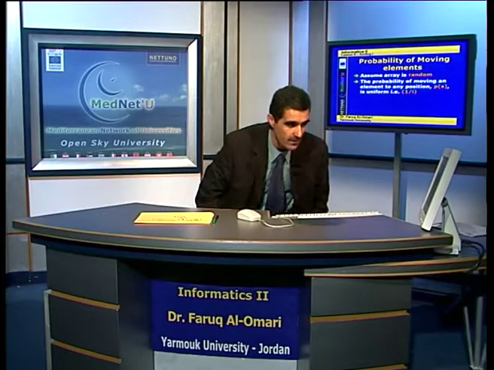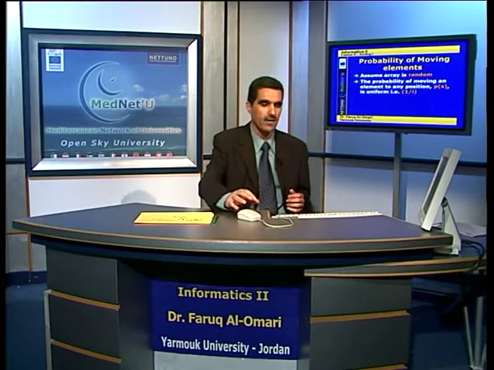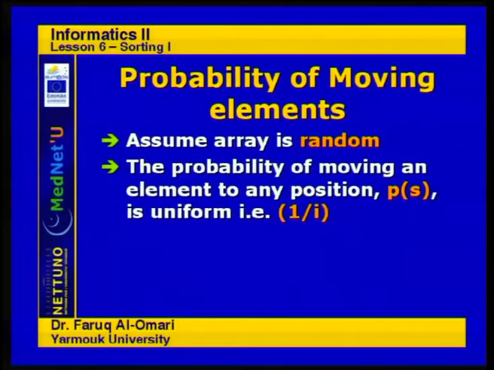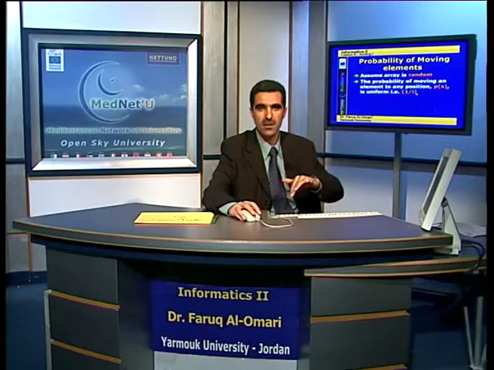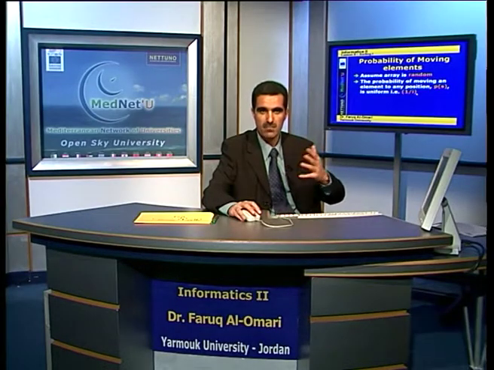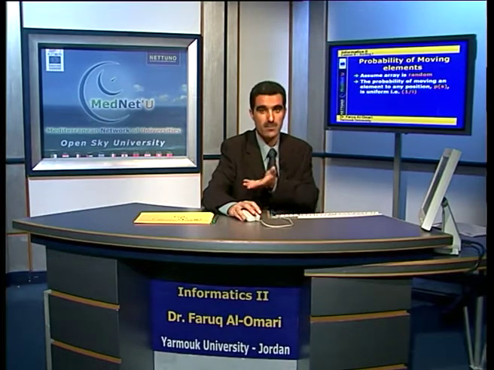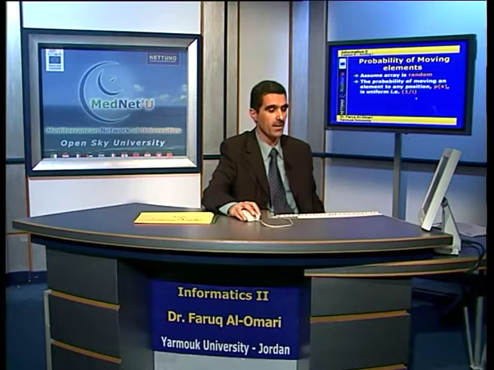So if I have I elements in there, then the probability of any entry is simply 1 over I, like tossing a coin. It's either a head or a tail. The probability is the same for the head or the tail. So it's 1/2, 1/2. 1 over the total number of possibilities, 1 over I.